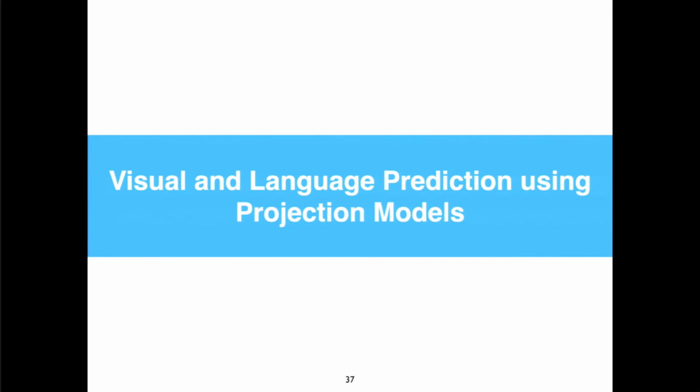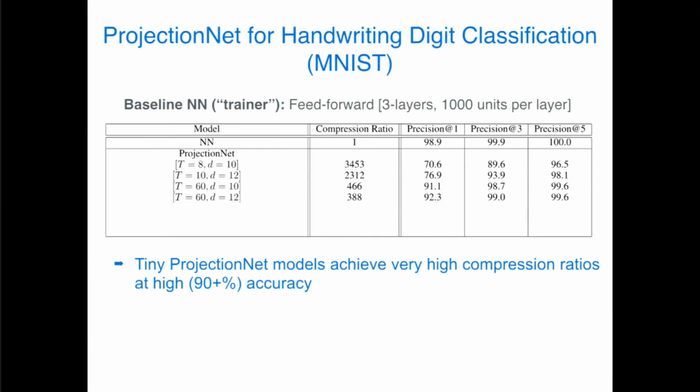Let's see how it does for some tasks, like visual recognition and language prediction. And by the way, these are very recent results, evolving as we speak. If you take MNIST or some 10-way classification task, and we use a baseline network of 3 layers with some 1,000 units per layer, we can use this as a trainer and train different versions of the projection network at different size granularities.